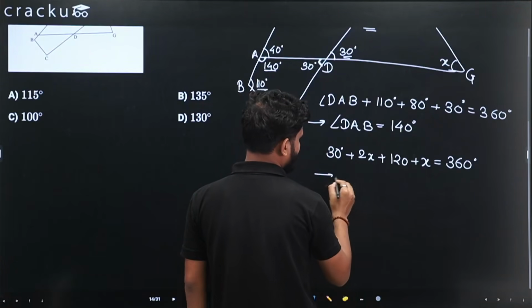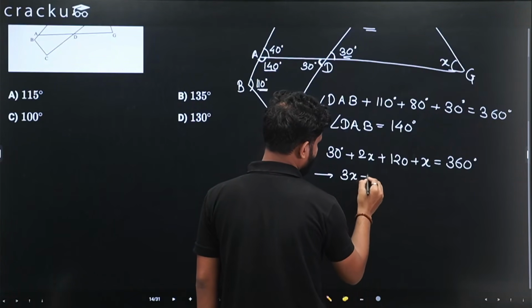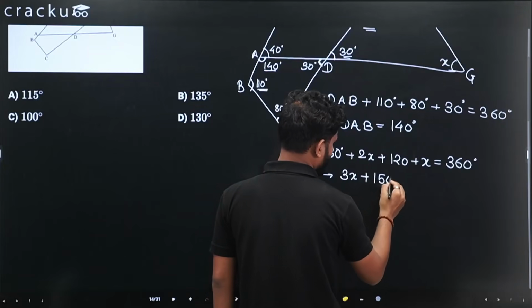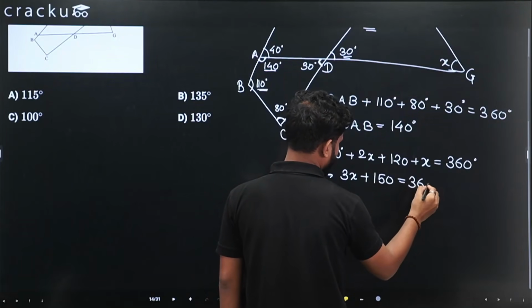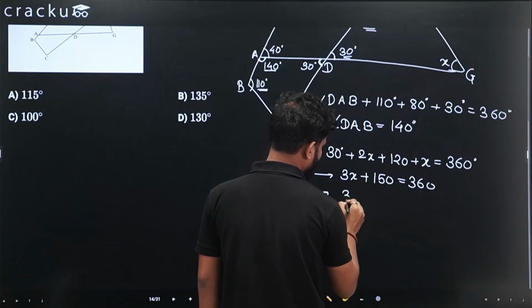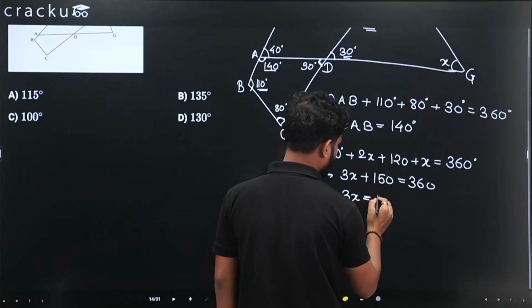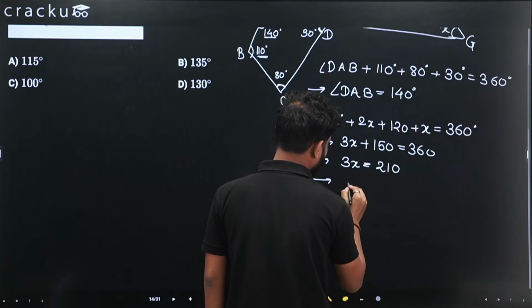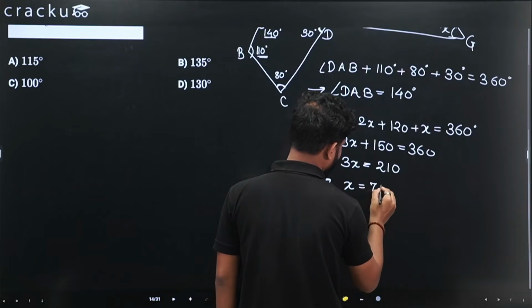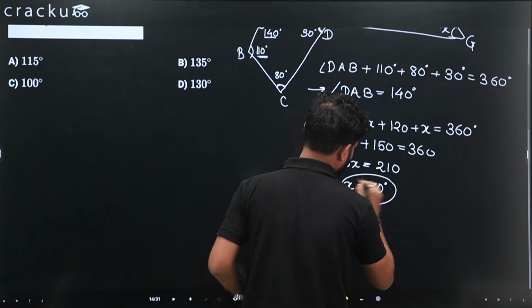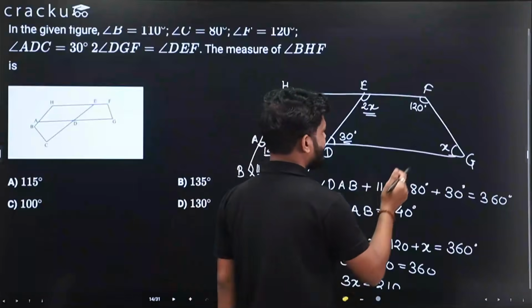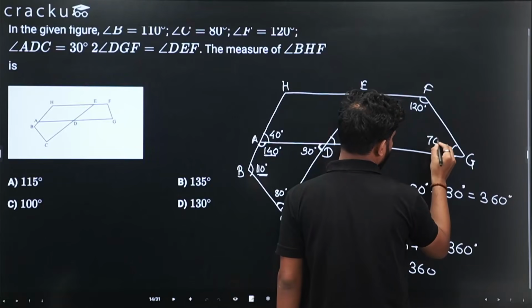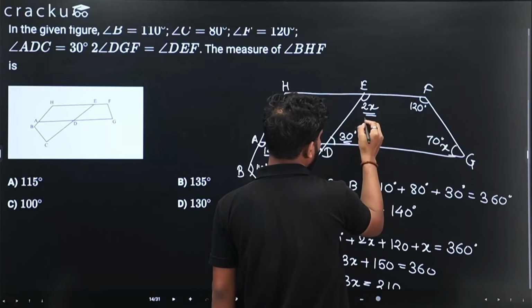From here I can say 3x plus 150 is equal to 360, or 3x is equal to 360 minus 150, which is 210, or x is equal to 210 by 3, which is 70 degrees. So x is 70 degrees. So this is 70 degrees.